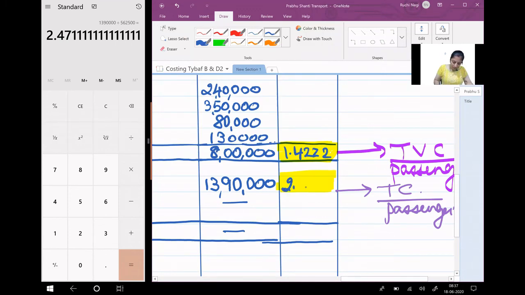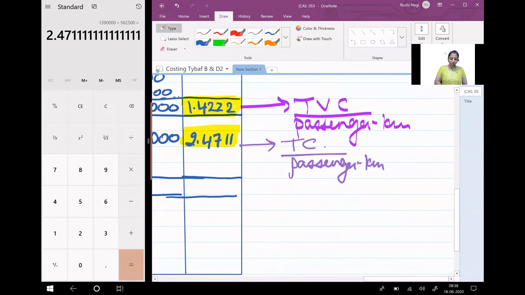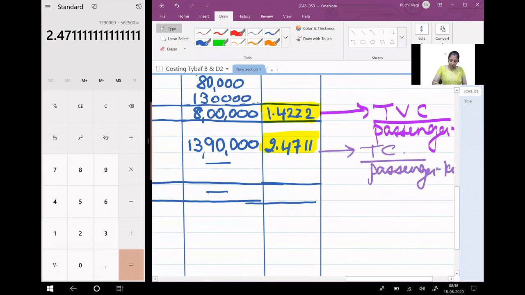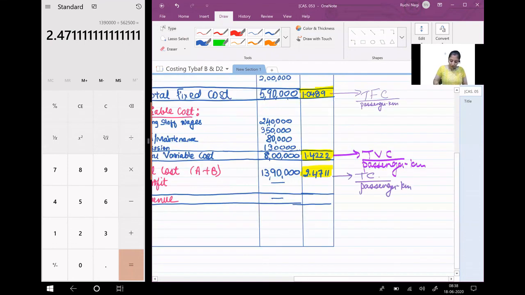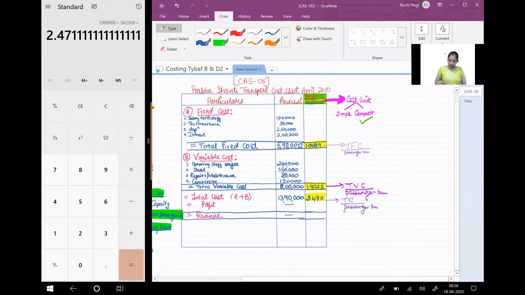So 2.4711. So this is my final answer. Am I clear to everyone about this? So this is the answer on the basis of which you're going to get 15 marks. So 10 marks is for the format and 5 marks is for the working notes. Am I clear to everyone about this?